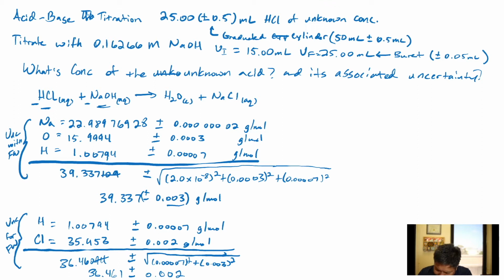The next thing you should probably do too is do the volume calculation, right? So the VT for the NaOH equals the VF for the NaOH minus the VI for the NaOH, right?